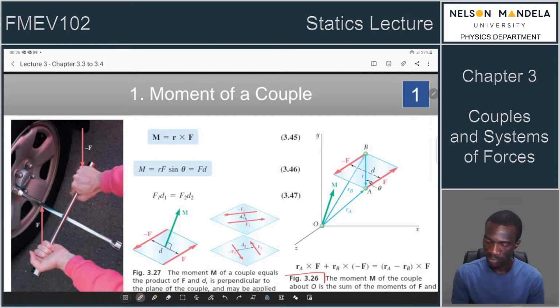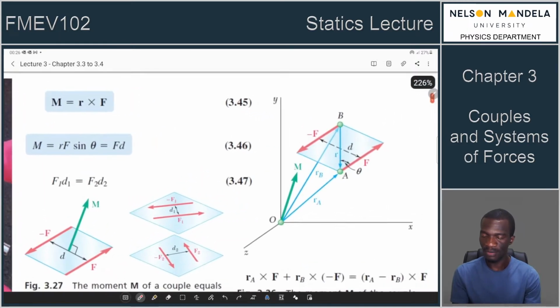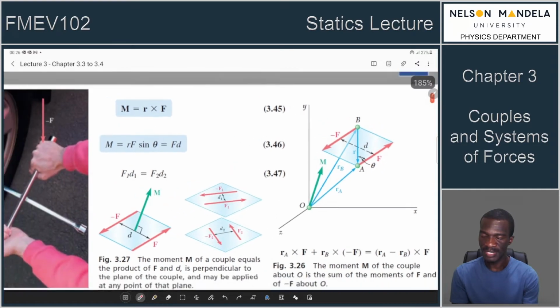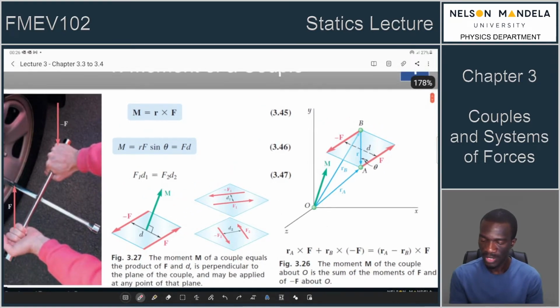Figure 3.26 is an example of a system which has a couple. So in this figure 3.26, we have the origin at O, we have a point at A and another point at B, at which the forces F and minus F are acting.